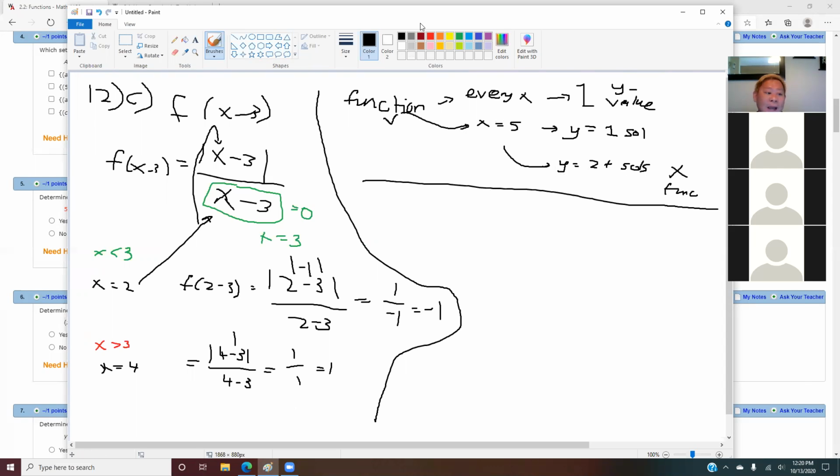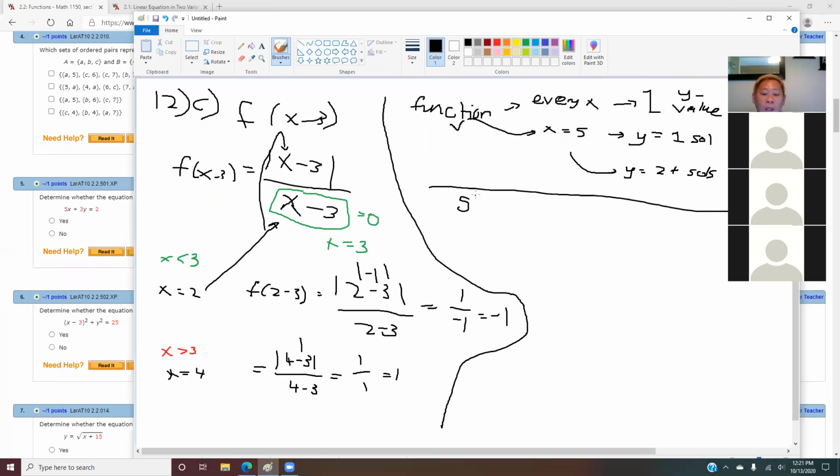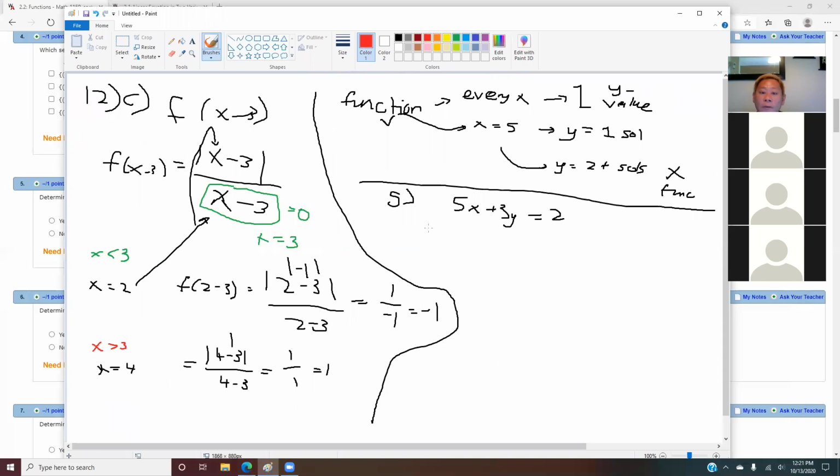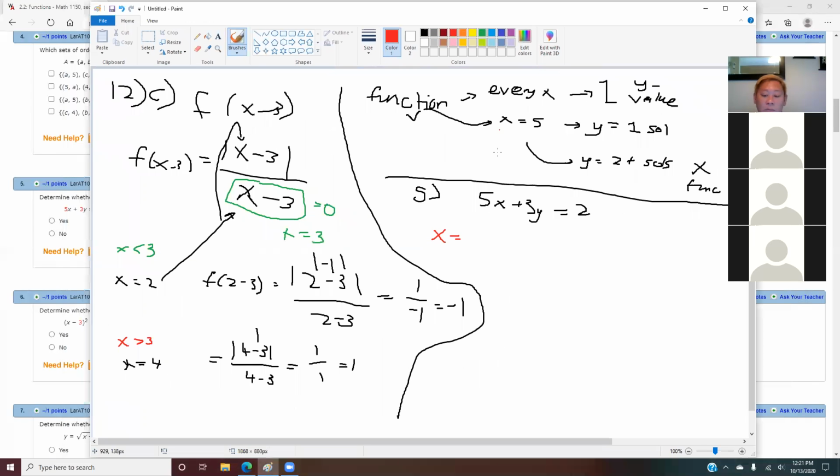So an example is question number 5. If you have 5x plus 3y equals 2, you can plug in any value you want for x. Can someone give me a number you're going to plug in for x here? 3. Anyone? 3, okay, you plug in 3 over here. So you get 15 plus 3y equals 2.